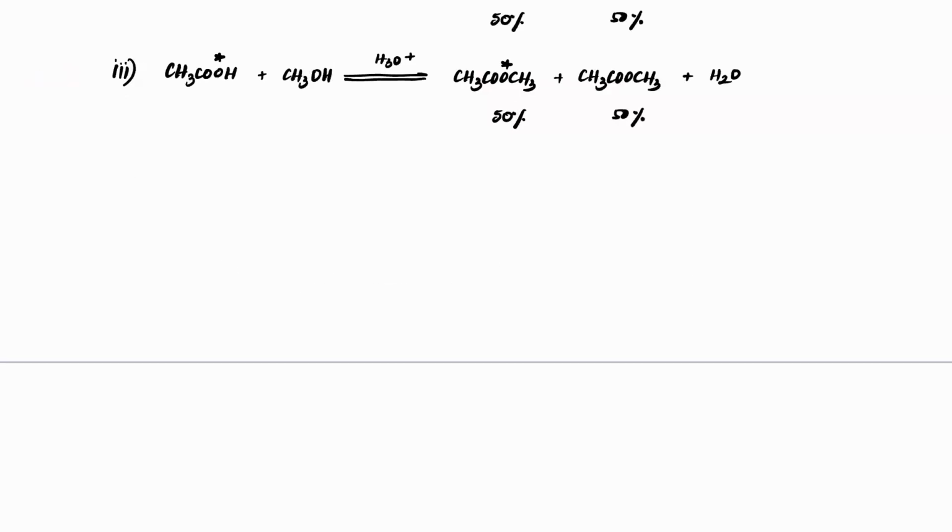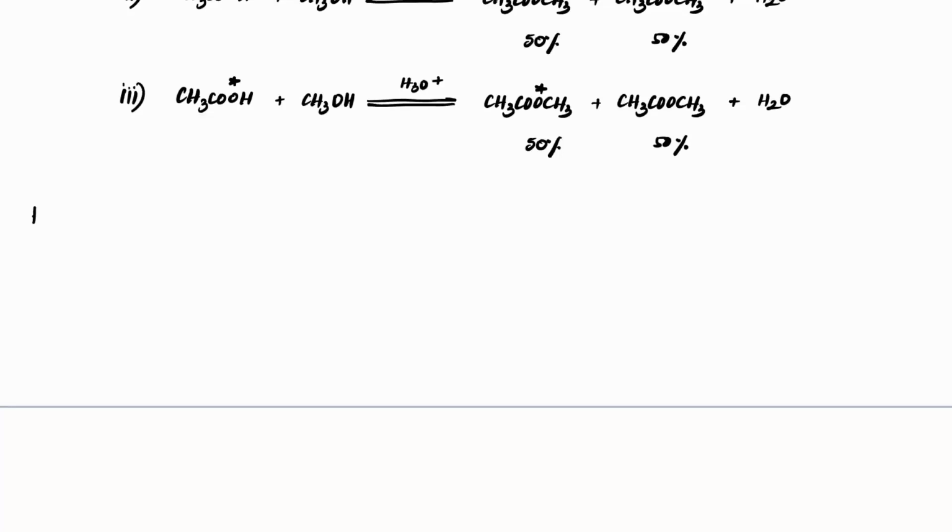If you may have noticed the rate of the reaction here, rate R will be equal to some constant into acid concentration, alcohol concentration, and also H plus concentration, because you'll also have an H plus concentration here. But this K into H plus concentration can be written as some K dash.